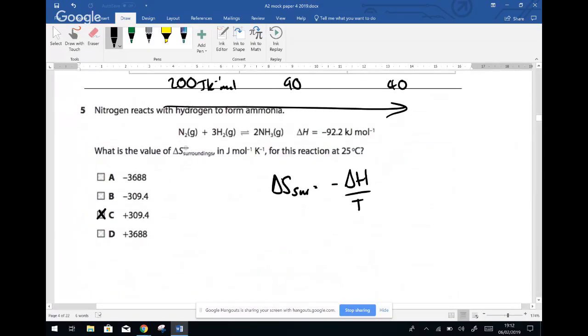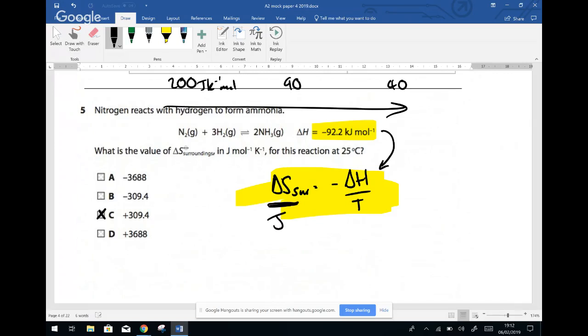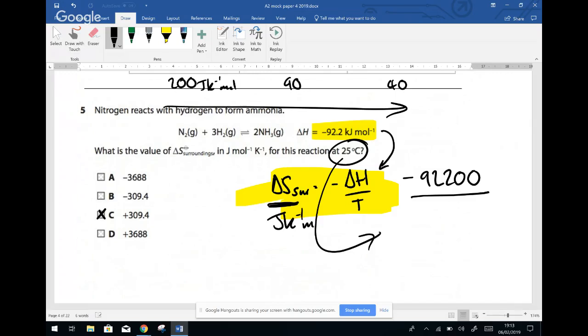Next, what is the value of entropy of surroundings at 25 degrees? All this question was doing was checking: do you know that's our entropy change? Do you know the equation? Lob in your numbers, and don't forget entropy is in joules per Kelvin per mole. That's kilojoules, minus 92,200, all over, and don't forget to convert to Kelvin.